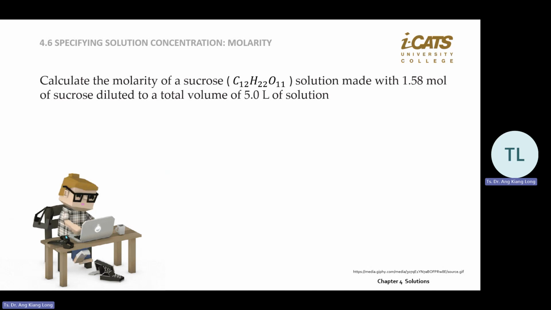Once you find the X, it will tell you. Then if you don't know, you just draw a container. You have 1.58 mole of sucrose, total volume 5 liter.